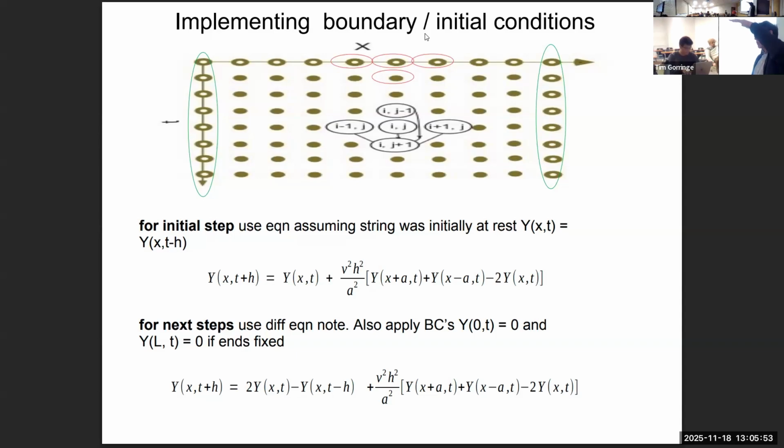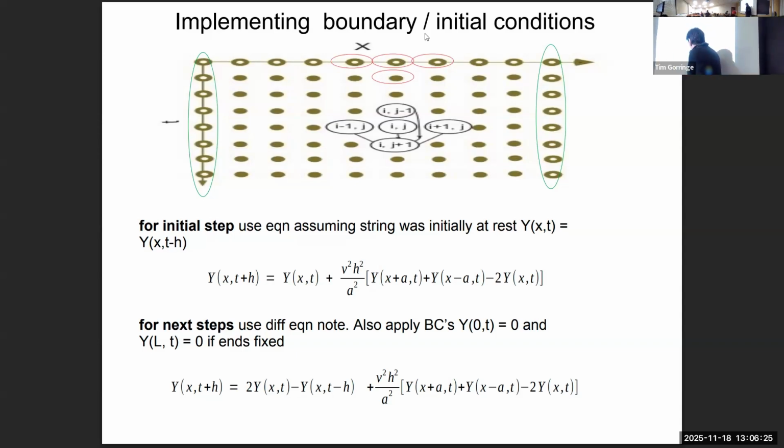And what we're going to assume is that the string was actually held there stationary, so that the prior value for that first step is just the same as the initial conditions that you're going to use for the current step. So that's that very first step. In the program, we're going to have to implement it specially because we don't have a prior step. We just have the current step. So we'll do something slightly different there.